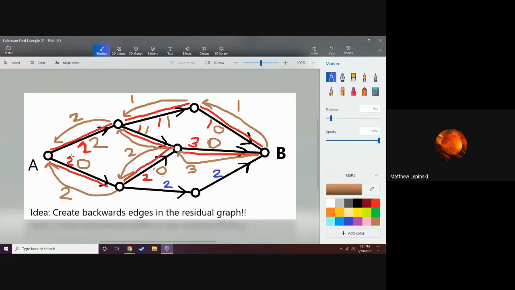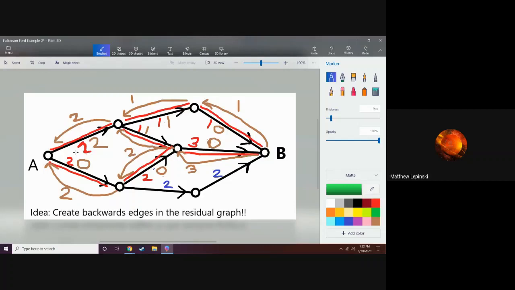So in this case, we picked a path and we sent 1 unit of flow along this path because that's all the path could accommodate. We're now down to 0 here, so we couldn't have sent more than 1 unit of flow along this path. And then we updated the residual graph. And so now the question still remains, is there a way to get from A to B in the residual graph?